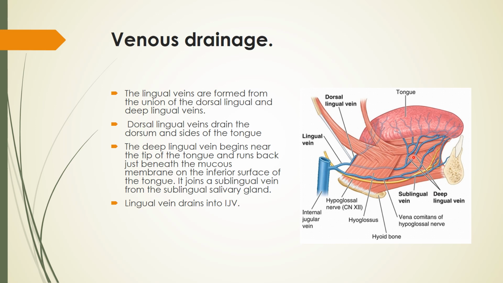Deep lingual vein begins near the tip of the tongue and runs backward beneath the mucous membrane on the inferior surface of the tongue. It joins a sublingual vein from the sublingual salivary gland, and ultimately they form lingual vein, and this lingual vein drains into internal jugular vein.